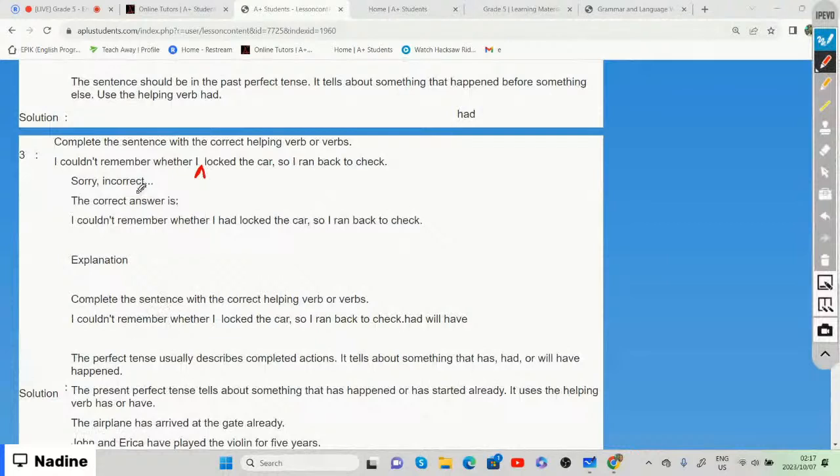So I couldn't remember whether I had locked the car. So had is our helping verb within that sentence. And that shows the past perfect tense, which is had.